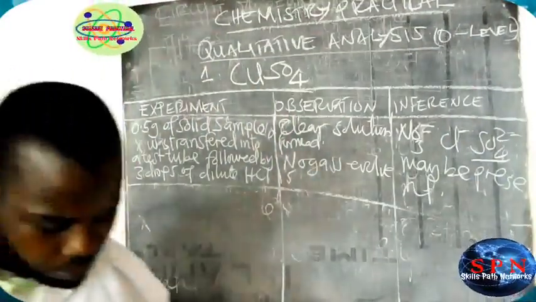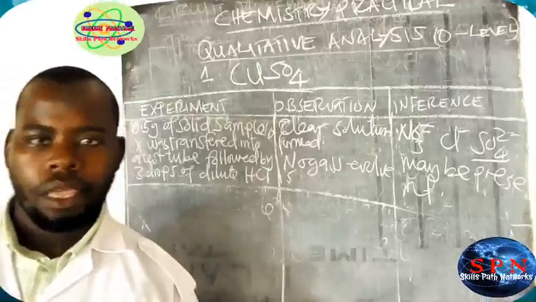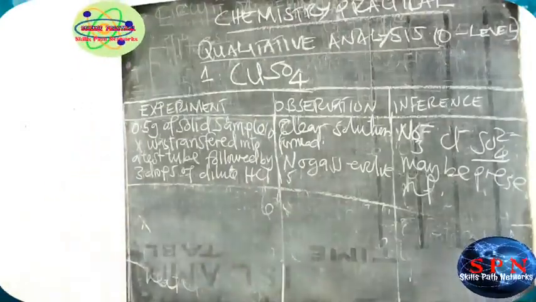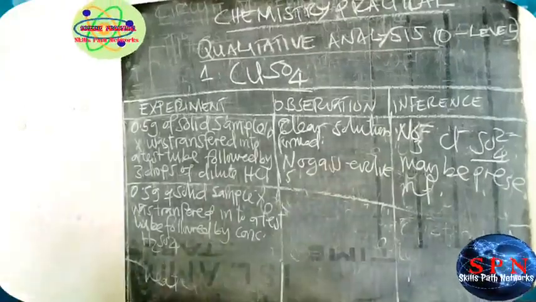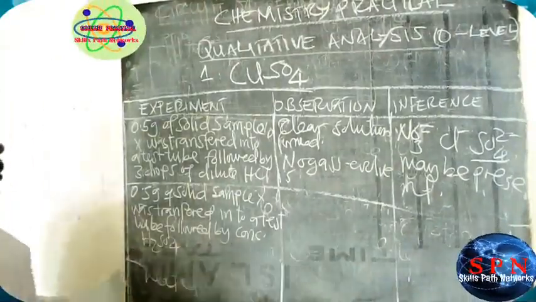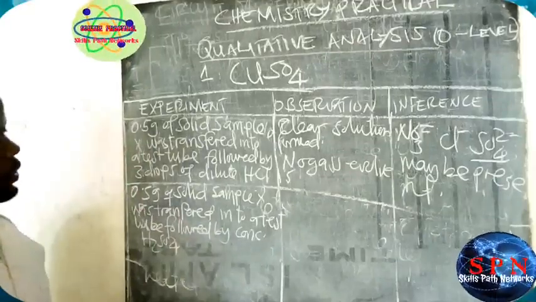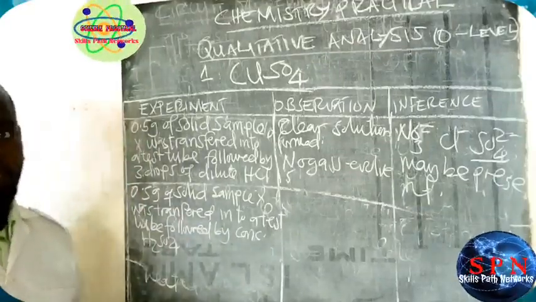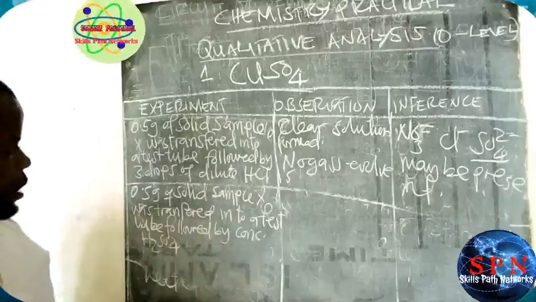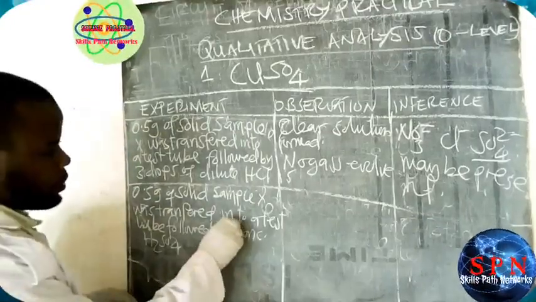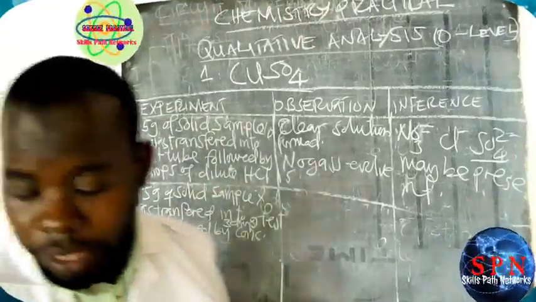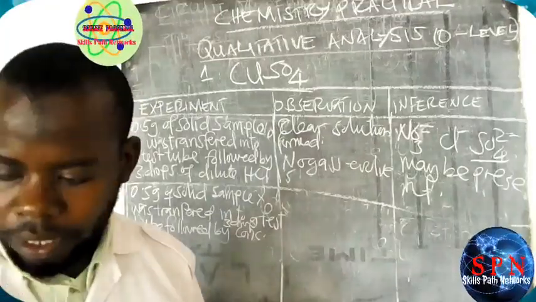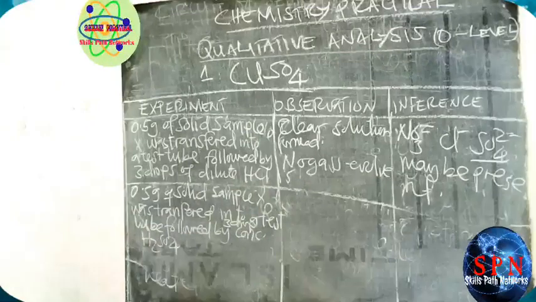Another step, action of sulfuric acid. 0.5 gram of solid sample X was transferred into a test tube, followed by, let's say, 3 drops of sulfuric acid.